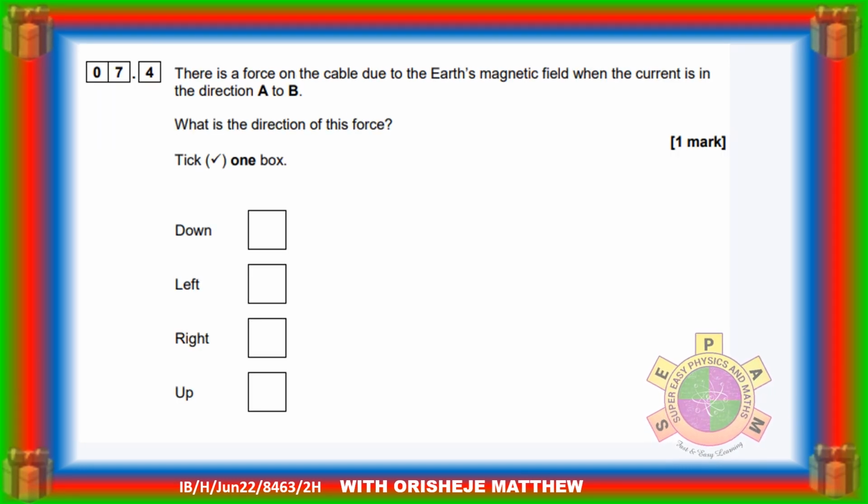Now let's see. There is a force on the cable due to the Earth's magnetic field when the current is in the direction AB. What is the direction of this force? So let's carry out our analysis. We're going to use Fleming's left-hand rule.